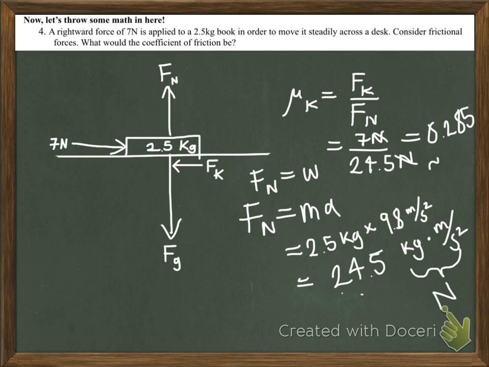We can approximate it to 0.29. So mu is approximately 0.29, and that's what our coefficient is. Hopefully you guys understood more or less how to find the coefficient, as well as the difference between kinetic friction and static friction.